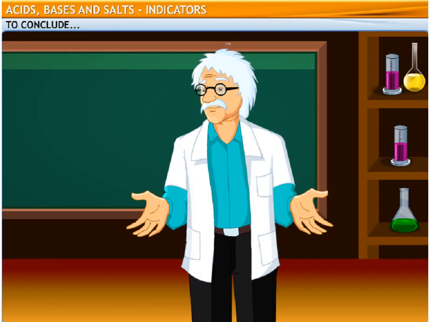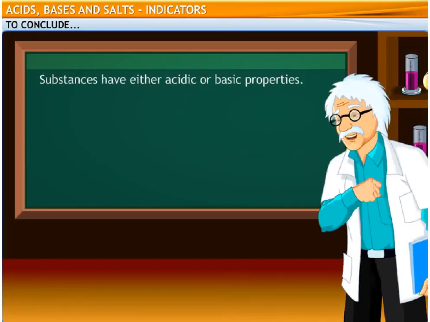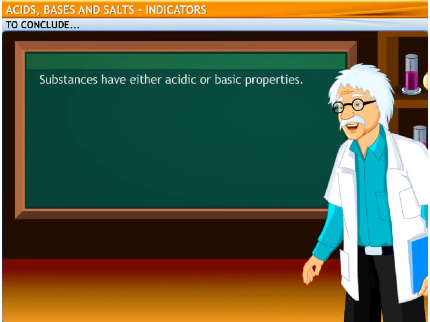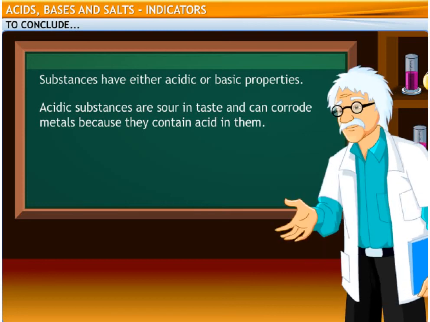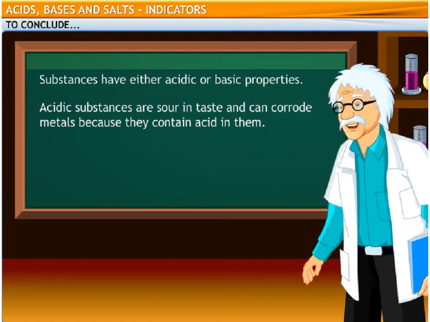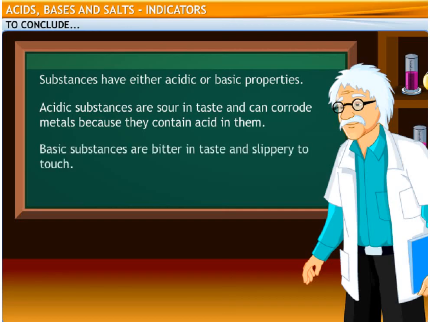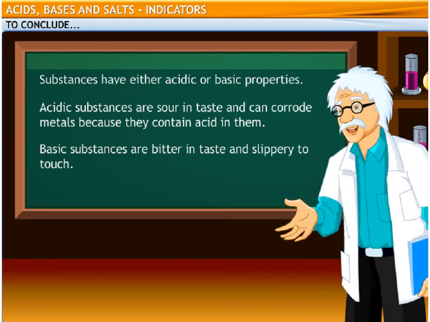Well, that was fun. Let's recap what we learnt out there in the park. Many substances we encounter have either acidic or basic properties. Acidic substances are sour in taste. In fact, the word acid comes from the Latin word acer, which means sour. Basic substances are bitter in taste and slippery to touch.